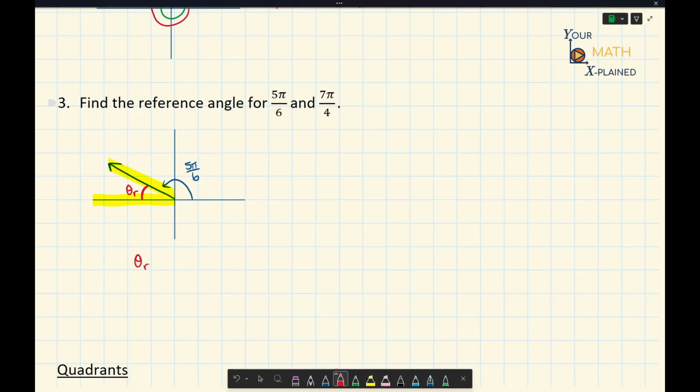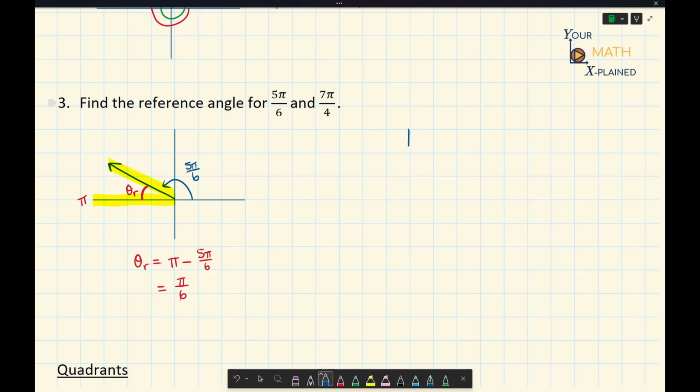Theta r is going to be equal to pi minus 5 pi over 6. And the reason is because we know that it is pi here, which means our theta r plus 5 pi over 6 is going to add up to pi. So therefore, the reference angle for this one is just pi over 6.